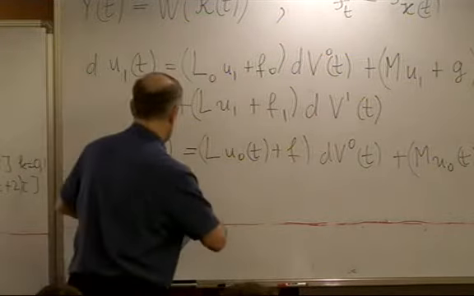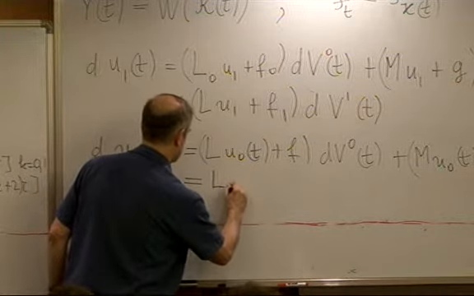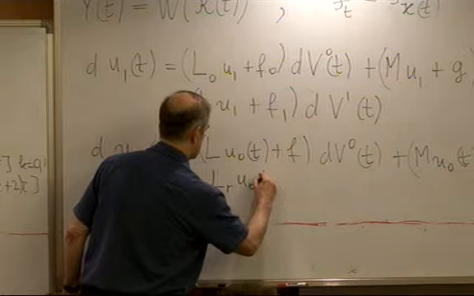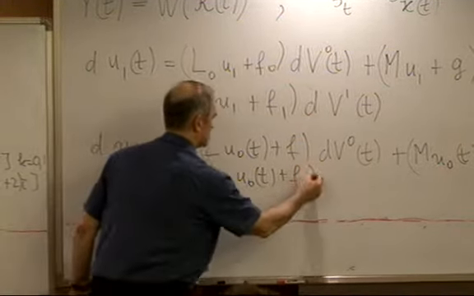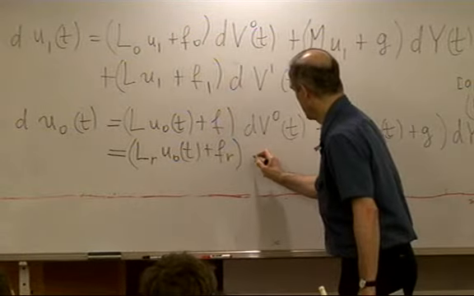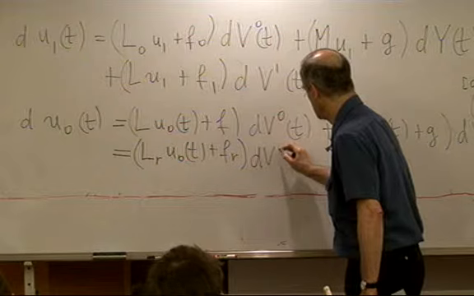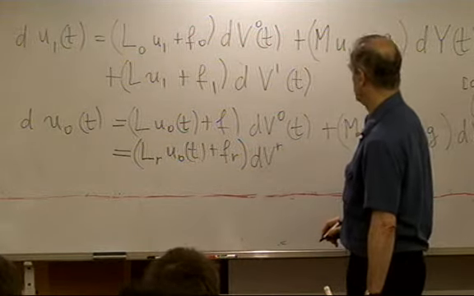So therefore, instead of this, I write it like that: LR u naught t plus fR, and then I write dVR, right?